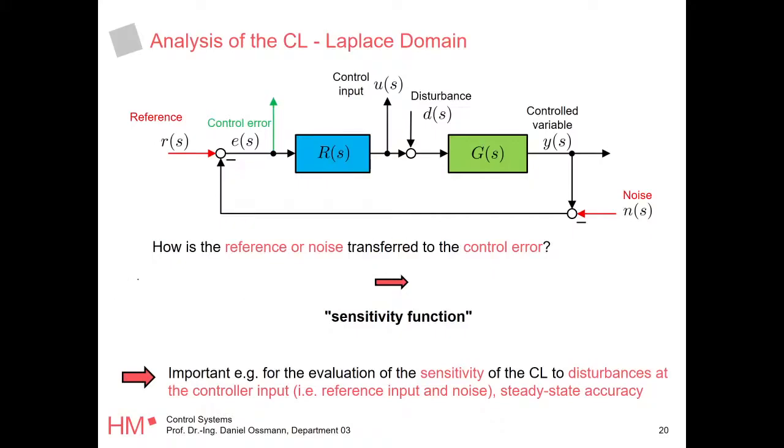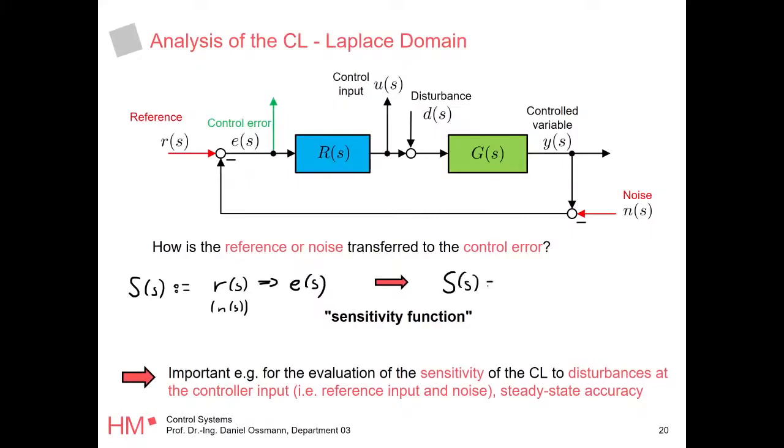This is also a very important transfer function, and this is why it also gets its own letter, namely S, for sensitivity function. It is defined as how our reference signal or our noise is transferred to our control error, right?